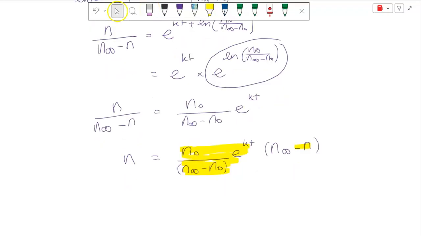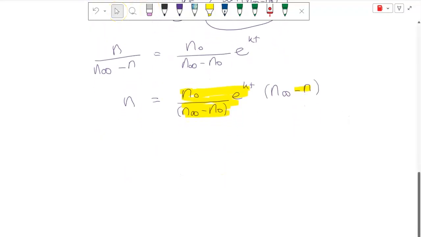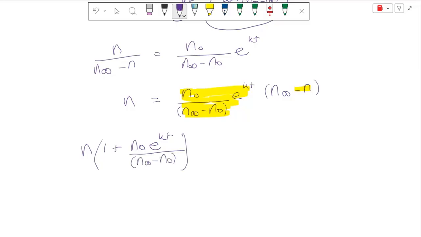Pretty sure most of you will have stopped watching by now, but hopefully someone's still out there. Right, we've got this N into 1 plus N naught e to the kt over N infinity minus N naught is equal to N naught N infinity e to the kt over N infinity minus N naught.